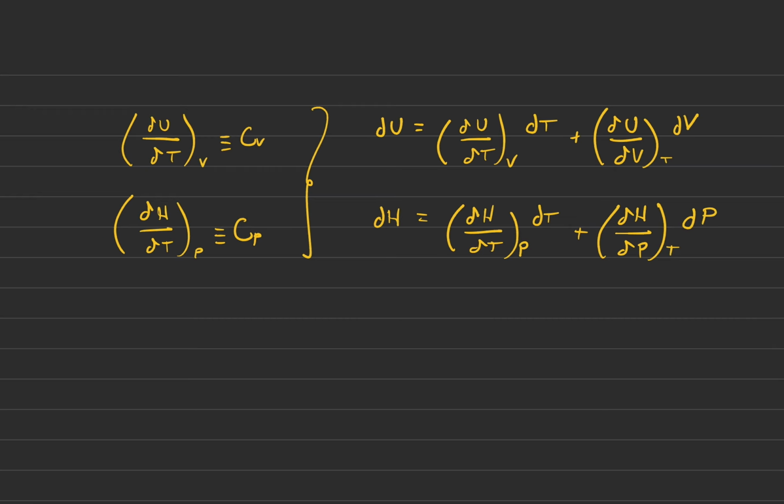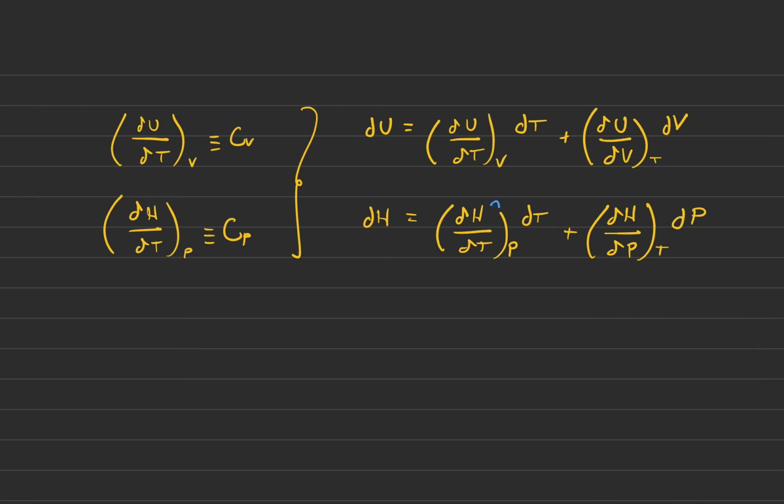And let's replace these with our heat capacities. And we end up with a set of equations where we have Cv dT plus some complex partial derivative here, which we'll elaborate on in a later lesson.